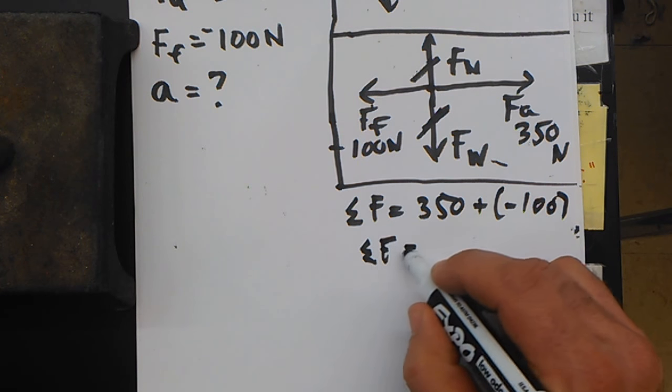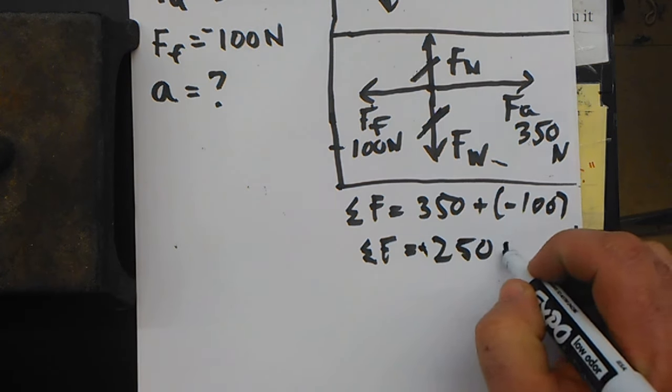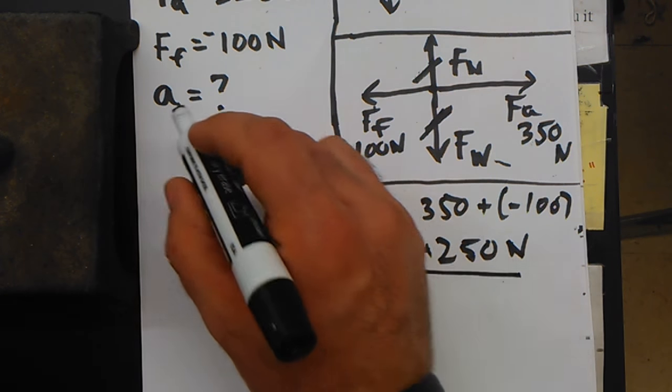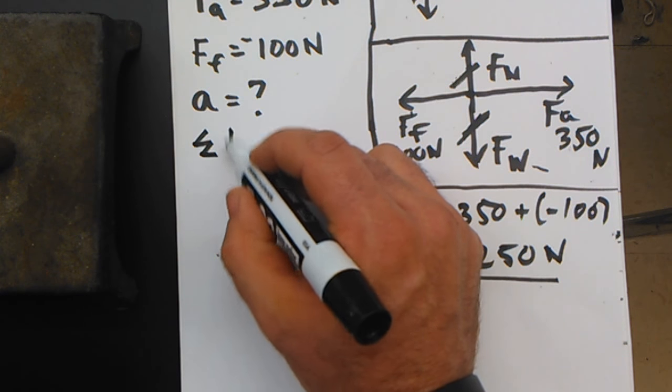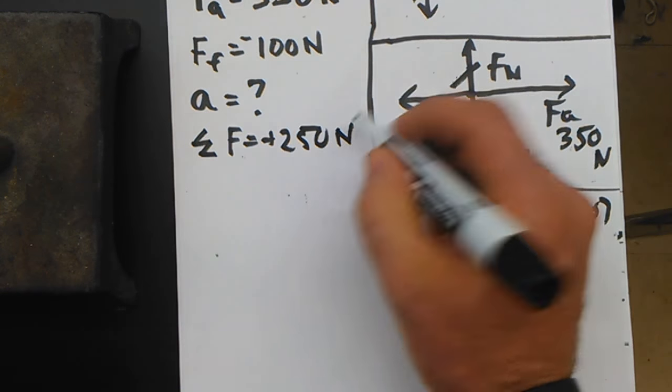So the sum of forces ends up being 250 newtons to the right. So I can actually add this in over here. Sum of forces is positive 250 newtons.